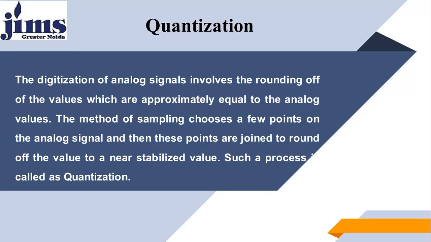Quantization comes in the picture when you have to take samples from the analog signals, right? So quantization comes in the picture when you convert an analog signal into a digital signal.